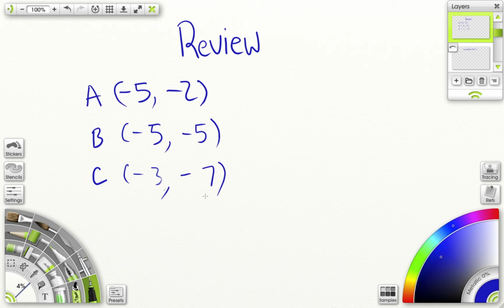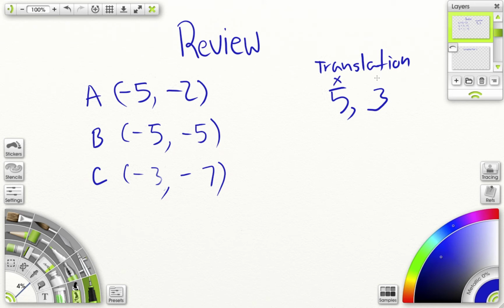So let's say that was our triangle. And your translation, let's say I gave you a translation of 5, 3. What that means is you have to look at your coordinates.